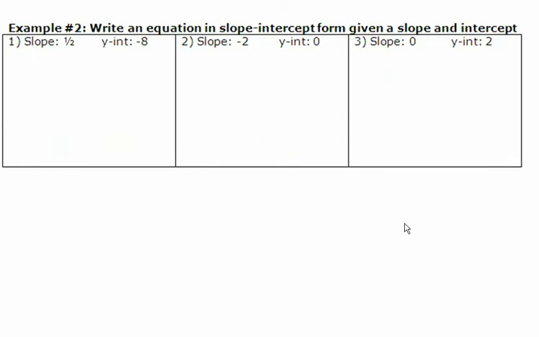So let's look at the next example. This one says write an equation in slope-intercept form given a slope and an intercept. So we know that slope-intercept form, like I said before, is y equals mx plus b.